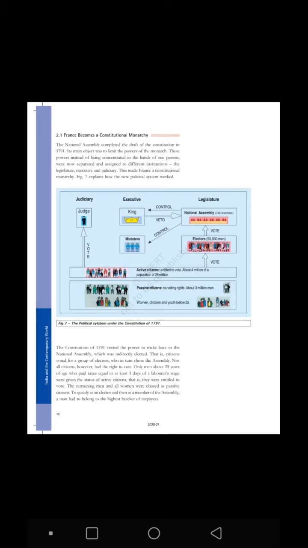Only men above 25 years of age who paid taxes equal to at least 3 days of a laborer's wage were given the status of active citizens. That is, they were entitled to vote. The remaining men and all women were classed as passive citizens. To qualify as an elector and then as a member of the assembly, a man had to belong to the highest bracket of taxpayers.